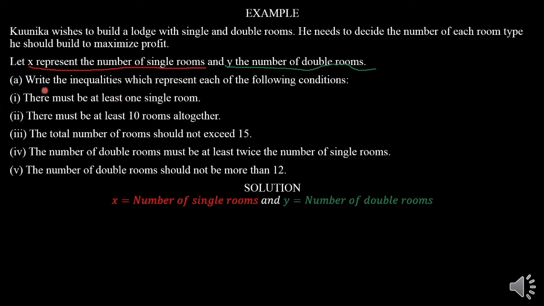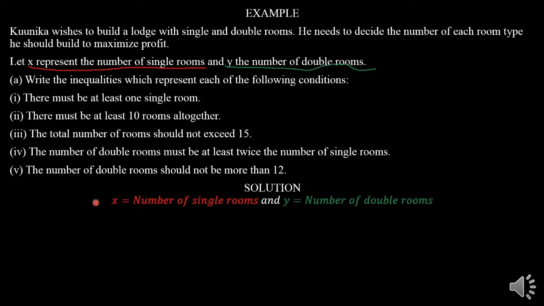Then if we go to the first question, there must be at least one single room. The language they are using is "there must be at least". And the X here, we know that it stands for the number of single rooms.